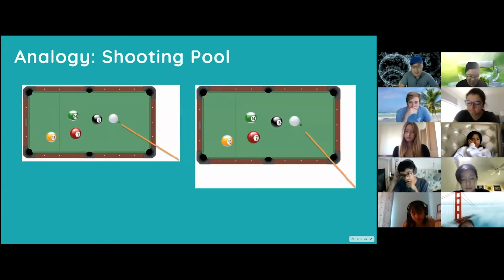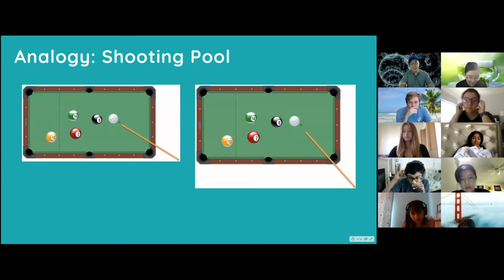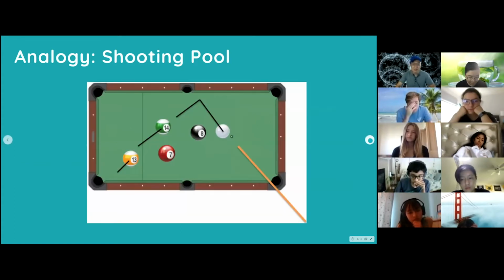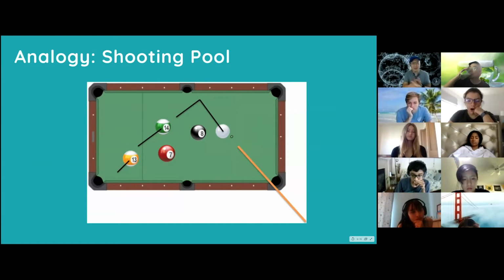The idea is like you have a bunch of billiard balls on a pool table and you're trying to figure out how to best get one of these balls into a pool hole. First you make a guess: I think if I hit it this way, I'm going to get it to here. But if we calculate this, if you draw some lines and take some angles, you find out that it's not actually going to hit it.